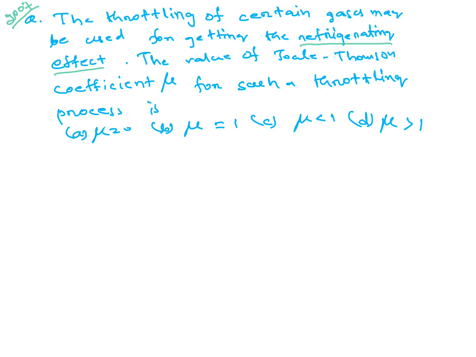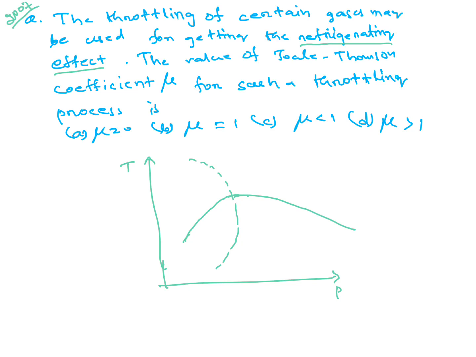Here again I will draw that curve. Temperature versus pressure curve. This is inversion curve. Enthalpy is constant. This region is cooling region. This region is heating region. Direction is like this.